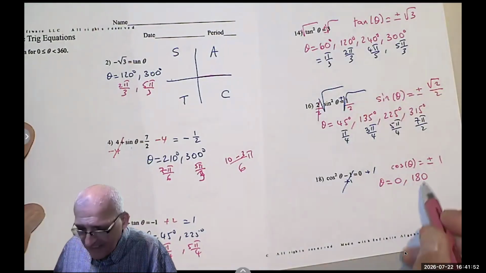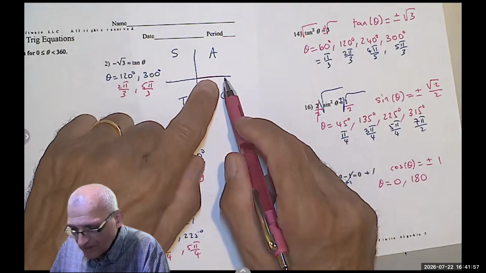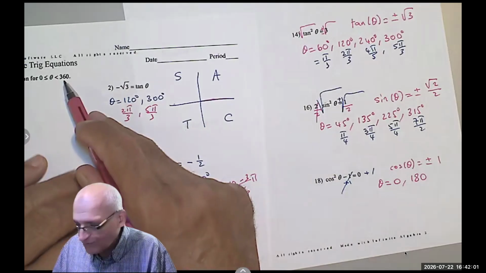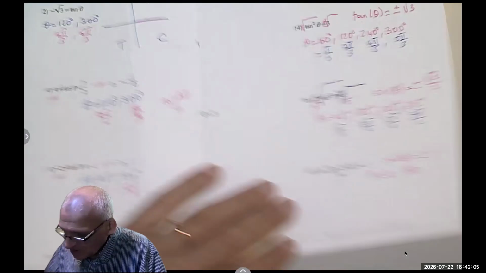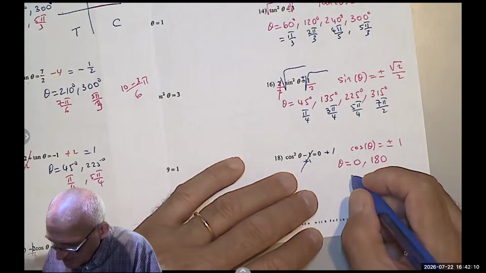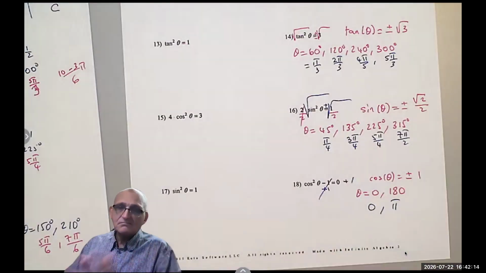So you get 180, 180. And then 360 minus 0 is 360, which is 0. Again, we don't write 360 because it's not part of the solution. If I want to write these in radians, I'm going to say 0 or pi. And that's it.